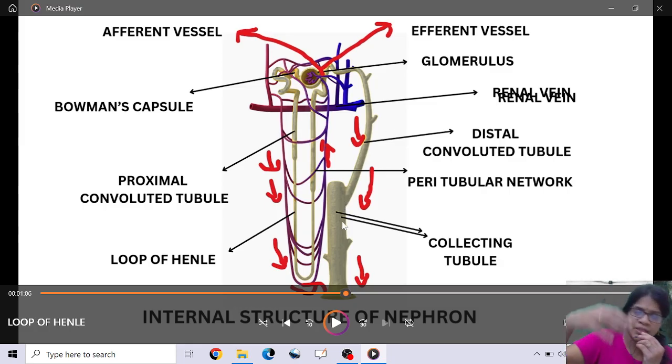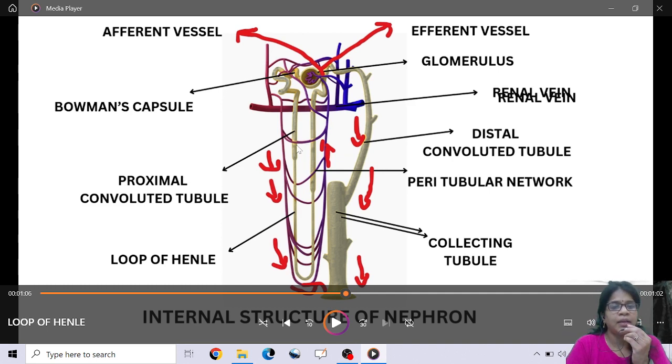So these are nephrons that are situated in the cortex. This upper part of your nephron resides in the cortex of your kidney, and the lower part of your nephron, called the loop of Henle, plays a major role in the hypotonic solution becoming hypertonic. Because there is a difference in the concentration of sodium ions in the interstitial fluid and in the lumen of your loop of Henle, this is where the hypotonic urine is converted into hypertonic urine.